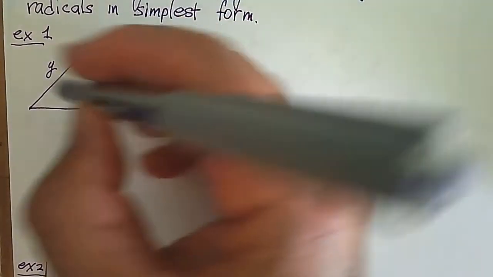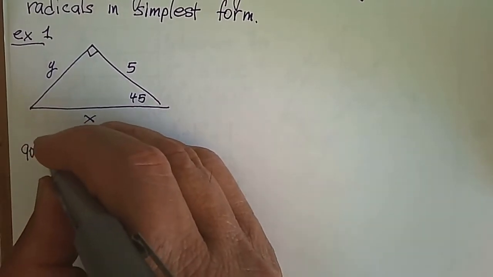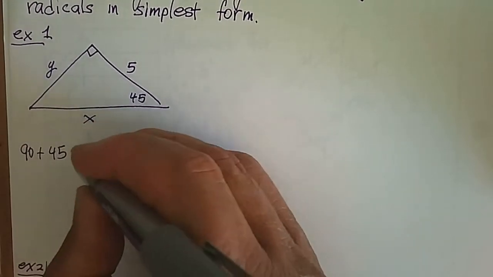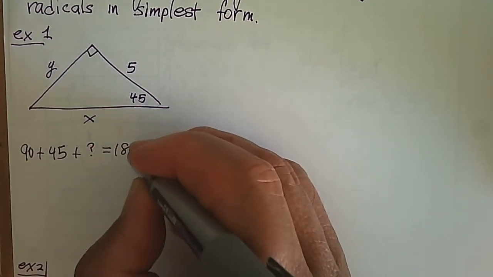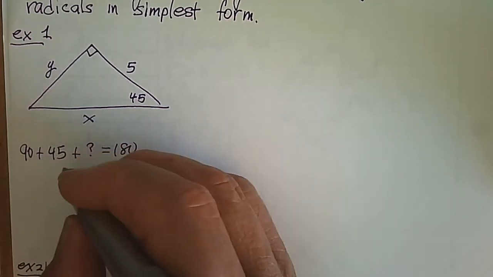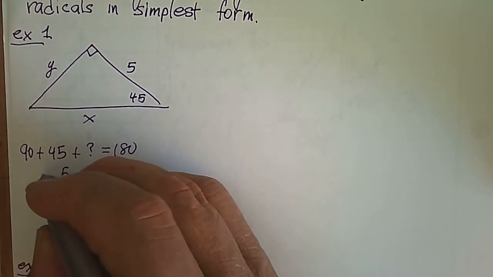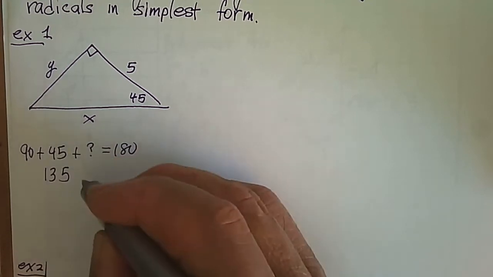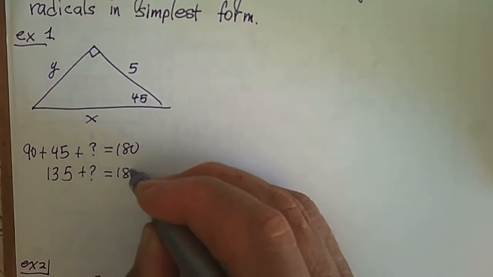If you add the angles, you should get 180. So 90 plus 45 plus whatever that angle is should be equal to 180. Combine this: 0 plus 5 is 5, 9 plus 4 is 13, plus question mark is equal to 180.